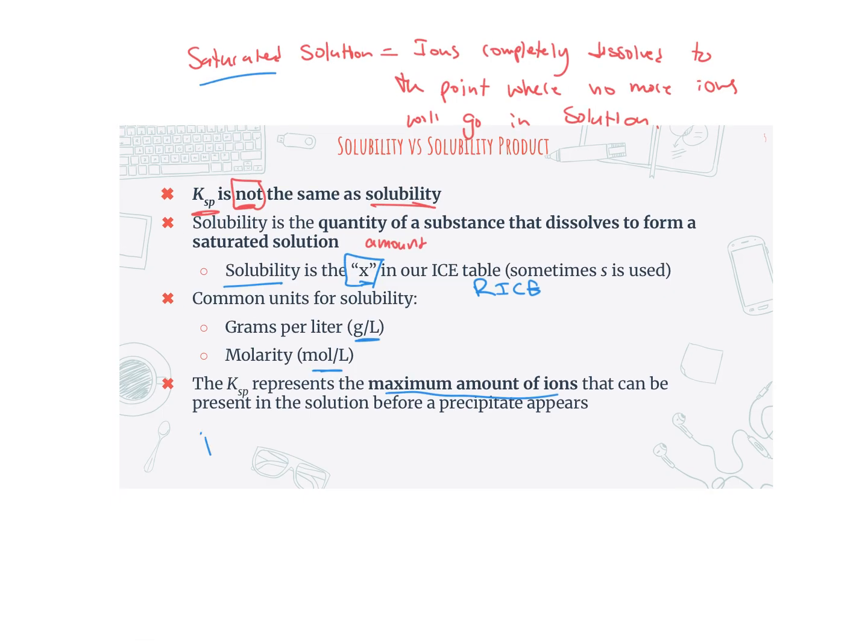Essentially, this is the point at which saturation, where you can't have any more ions in solution, occurs. So solubility product and solubility are different terms. Solubility is the amount that dissolves to form a saturated solution. KSP is the maximum amount of ions that are present before you start precipitating.